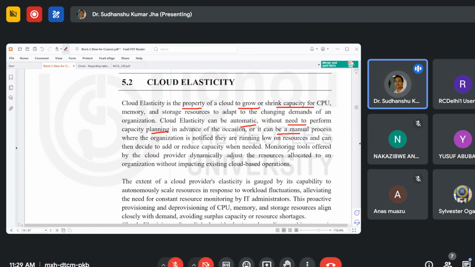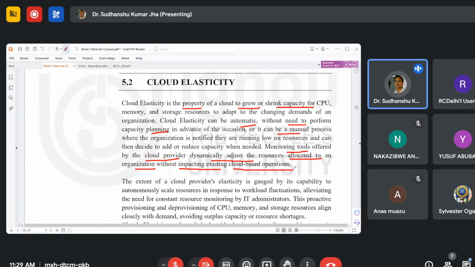So we have monitoring tools offered by the cloud provider that dynamically adjust the resources allocated to an organization without impacting the existing cloud-based operation. One more thing, in the cloud operation, you always have to monitor the current status of the customer.